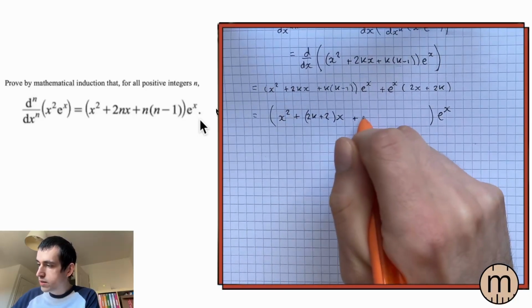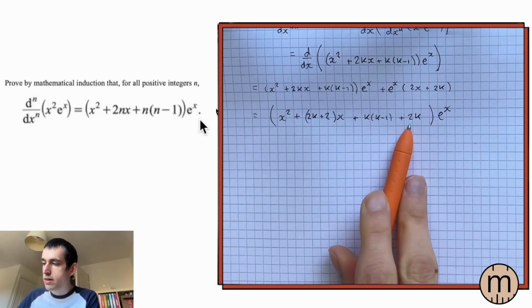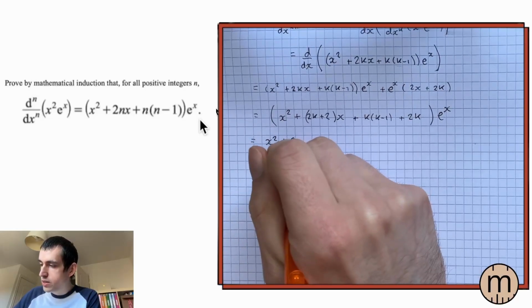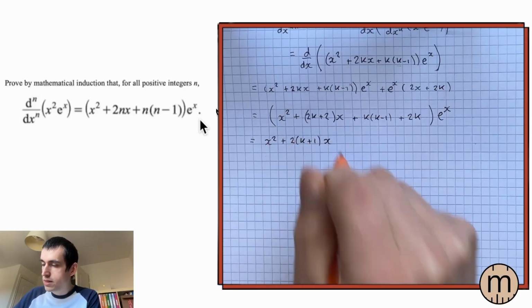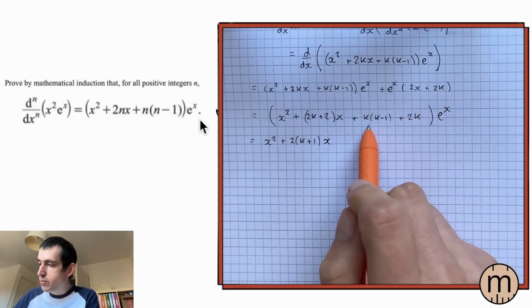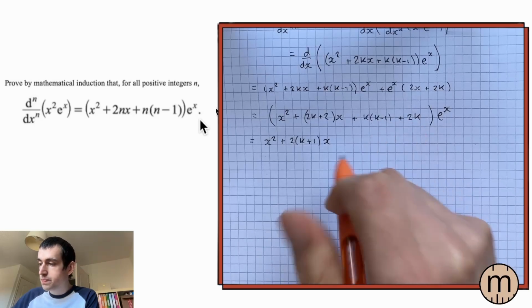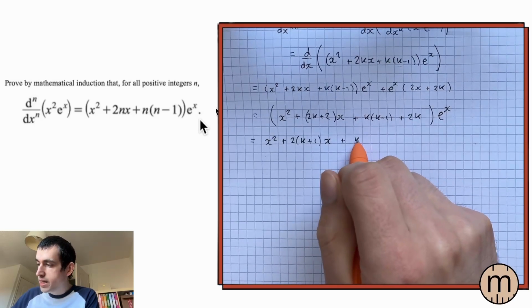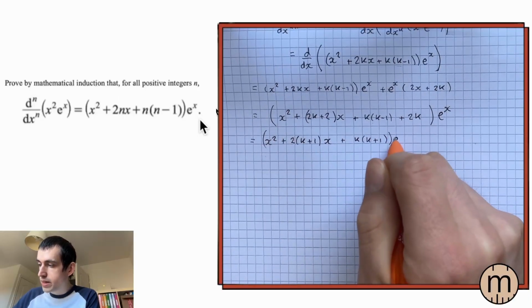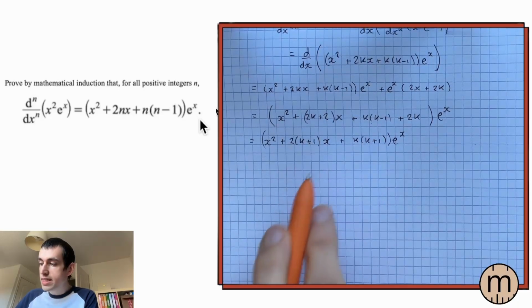Then we've got k minus 1 plus 2k. Which means if I just put this in the nicer form, this is 2 lots of k plus 1 x, like this. And what I can do is I can rearrange these brackets. This will be k squared minus k plus 2k. In other words, it will be k times k plus 1, all times e to the power of x. But this is exactly what we want.